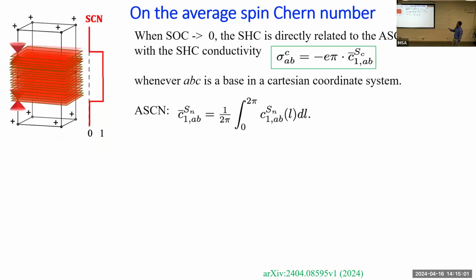For the case of spin-orbit coupling 0, it's connected directly, with just one constant in front of the spin Chern number. The average spin Chern number is this quantity and the spin Hall conductivity is this number, and they are directly connected without spin Hall decoupling. This means that if you sum up all the contributions of each k_z, it should be related with the signal of the spin Hall conductivity.